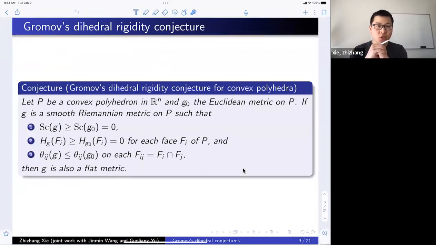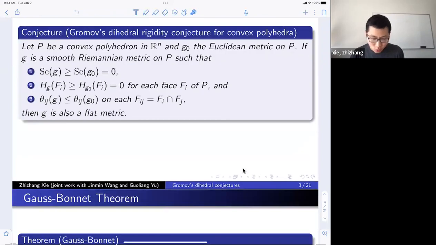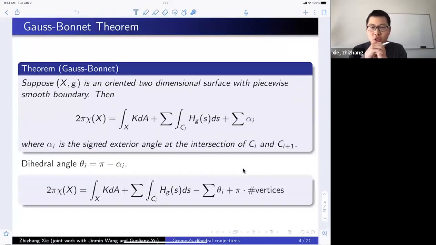So let's motivate these conjectures. Gromov, of course, in recent years has had many papers and lecture notes explaining various conjectures, and these two are two of a long list of conjectures proposed by Gromov. I believe one of the motivations comes, in the two-dimensional case, from the Gauss-Bonnet theorem.